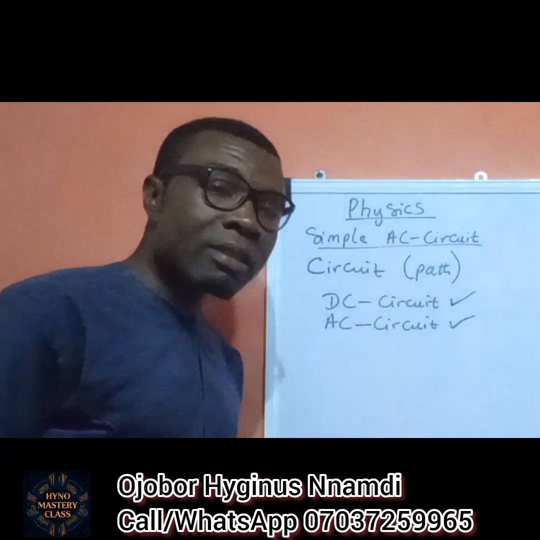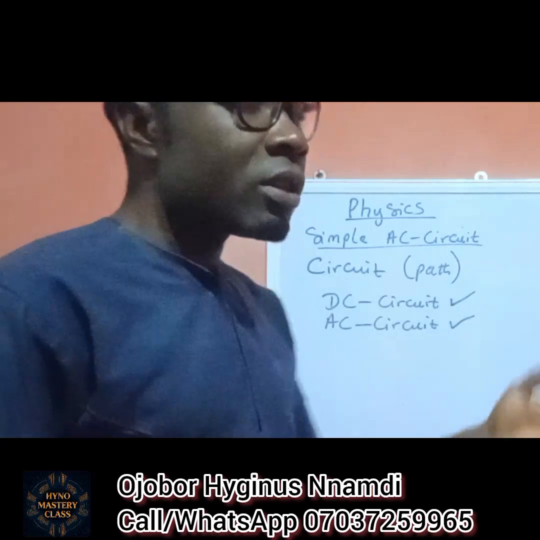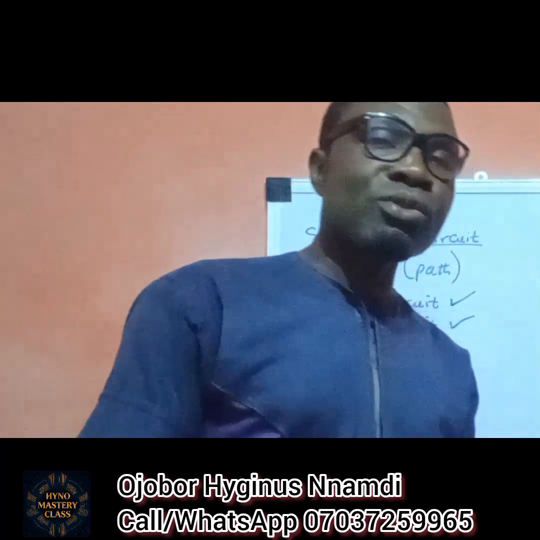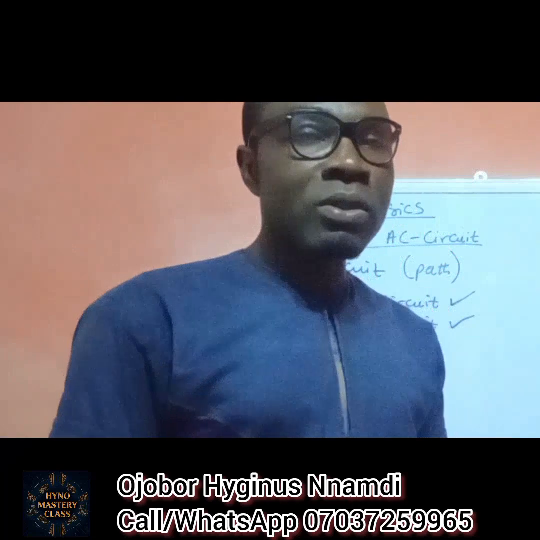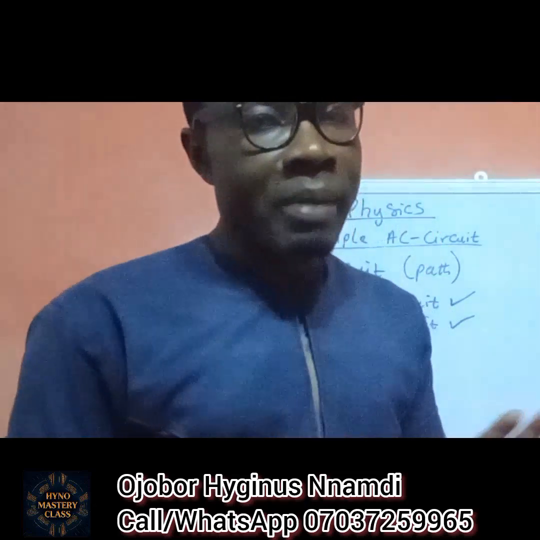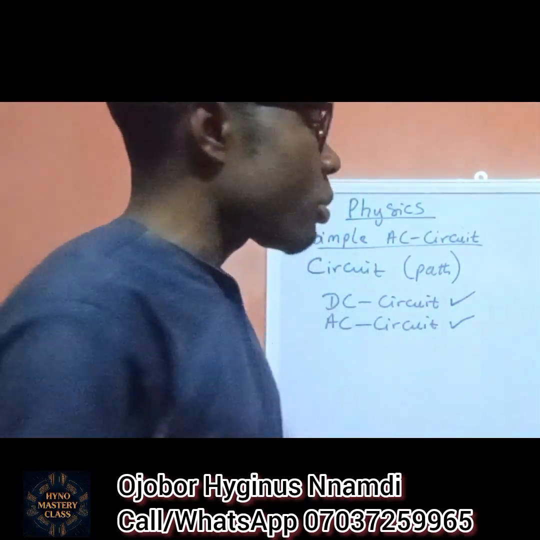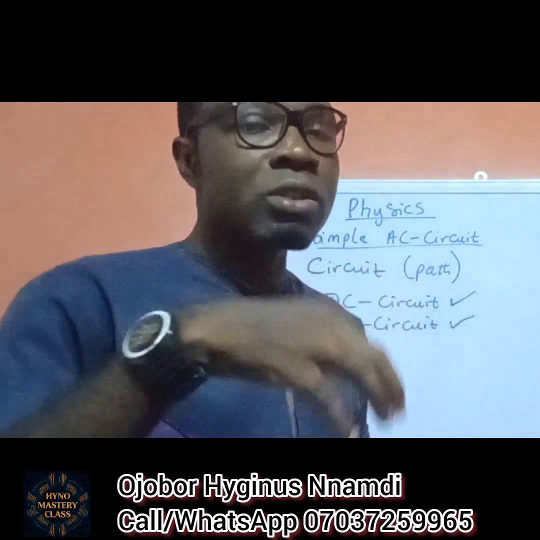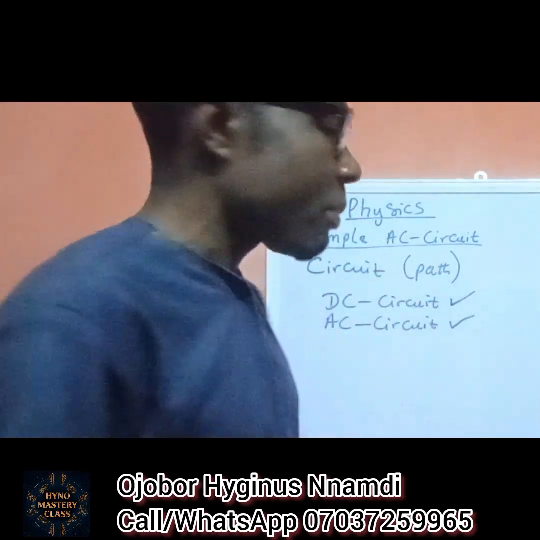Now, in discussing AC circuit, there are basic DC concepts that we are going to implement here, and those concepts are the concept of Ohm's law. We're going to apply it, even though it doesn't apply in every situation in AC, but it is going to even help us to get those situations that it does not apply.